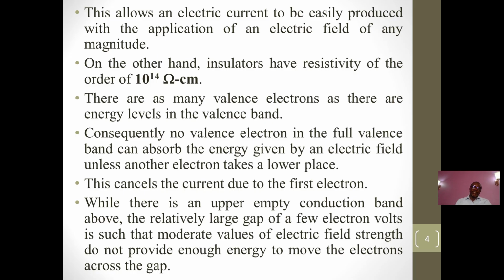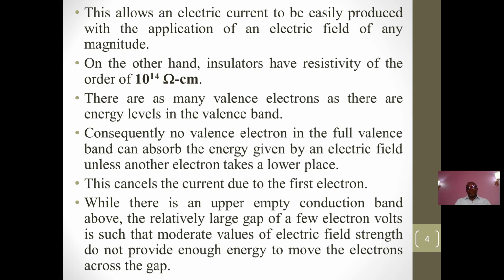On the other hand, insulators have resistivity of the order of 10 raised to power 14 ohm cm. Therefore, there are as many valency electrons as there are energy levels in the valency band.